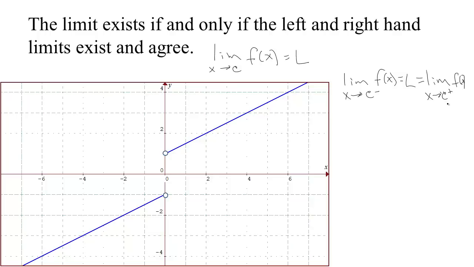So whether you approach c from the high side, x is always c plus a bit, or from the low side, x is always c minus a bit, those two limits have to exist. They both have to exist, and they have to agree on the same number L.